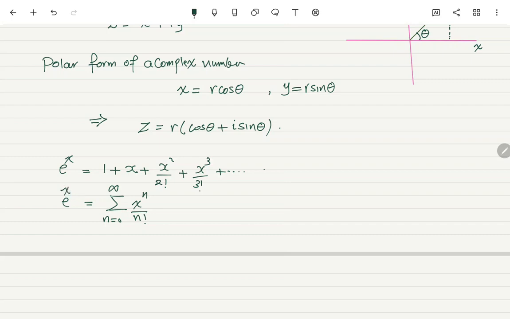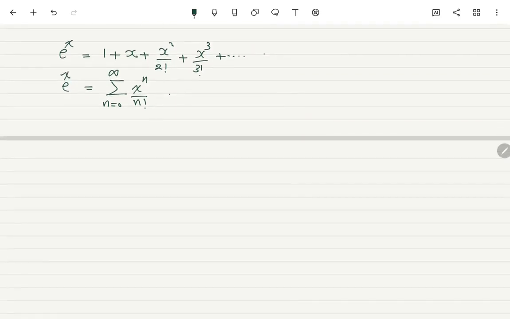So this is e to the x. Again, by using the definition of sine x equal to x minus x cubed over 3 factorial plus x to the power 5 over 5 factorial minus x to the power 7 over 7 factorial plus and so on.